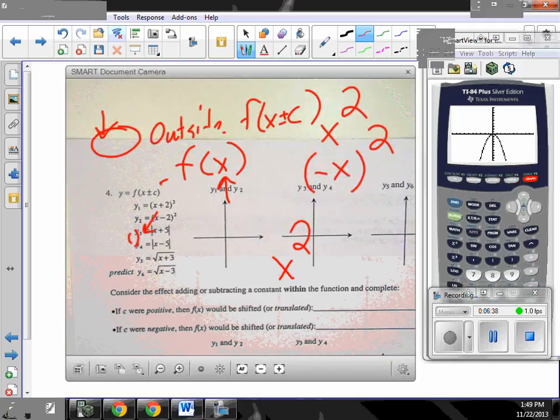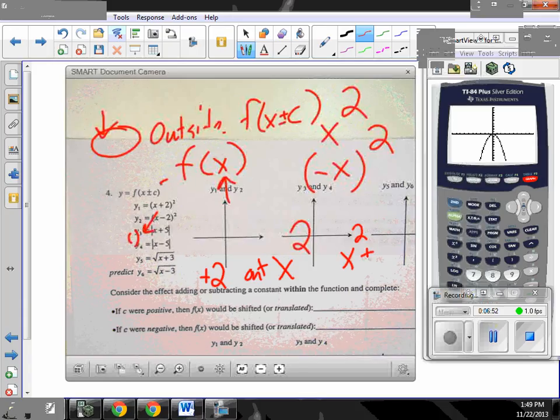What's the difference if I wanted to add 2, and this one was outside, what would it look like? How do you add 2 to the outside of x squared? X squared plus 2. How do you add 2 to the inside? You put it in parentheses, and you write x plus 2, and then you square it.